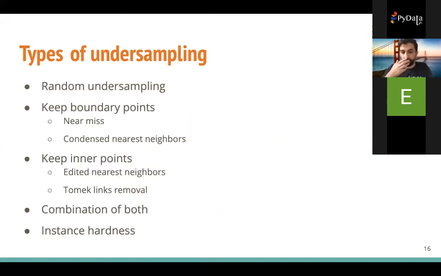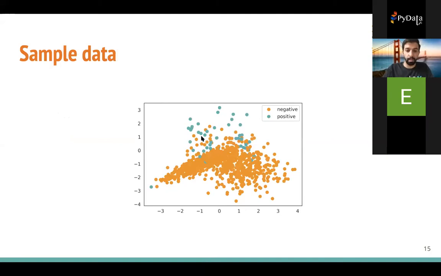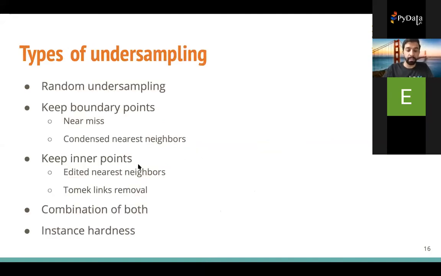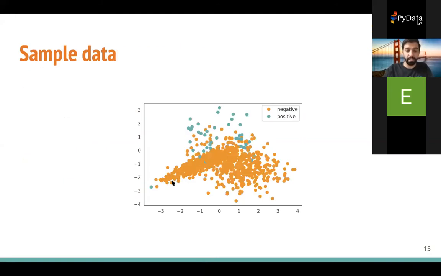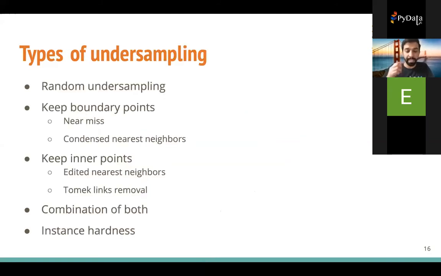For undersampling, there are different types. There's just random undersampling. Then the main two kinds are the ones that try to keep the boundary points, basically points that are in the overlap region, and methods that try to keep the inner points, the points that are away from the boundary. It depends on your data.